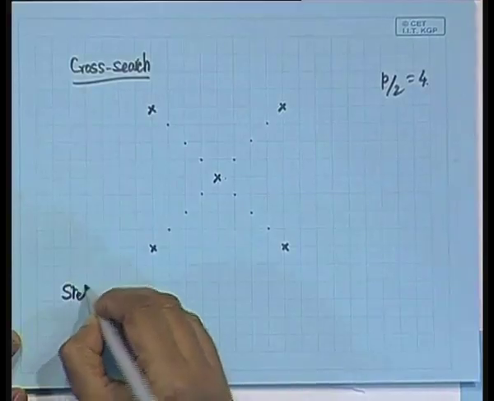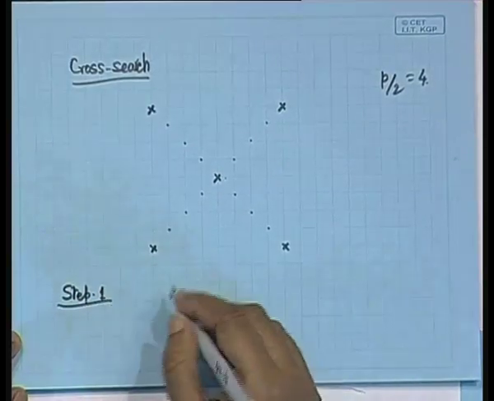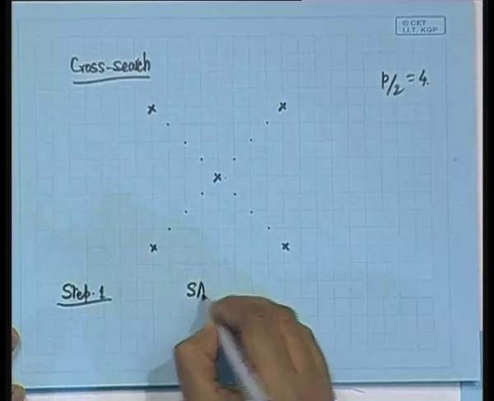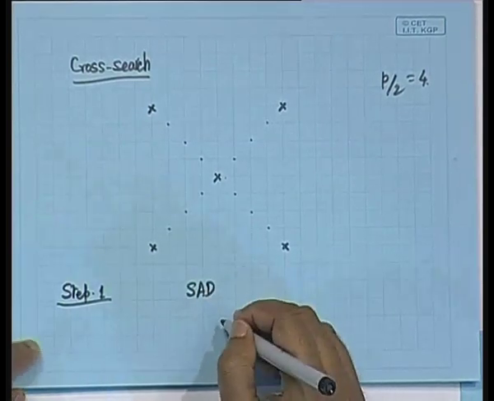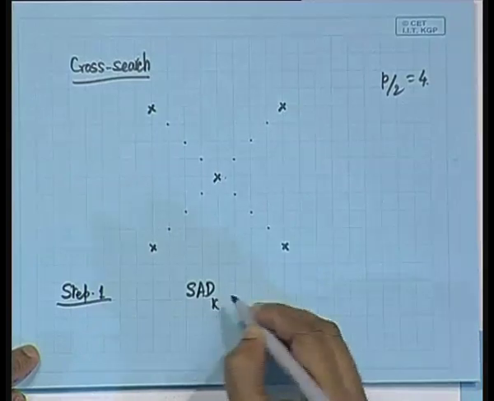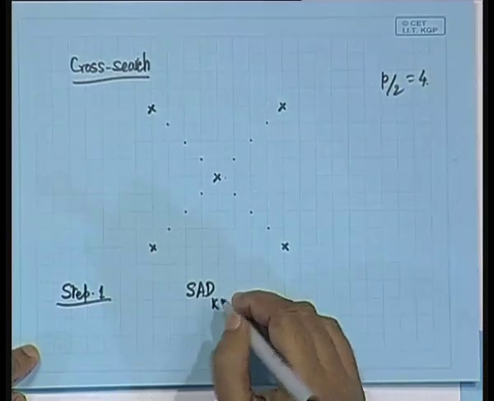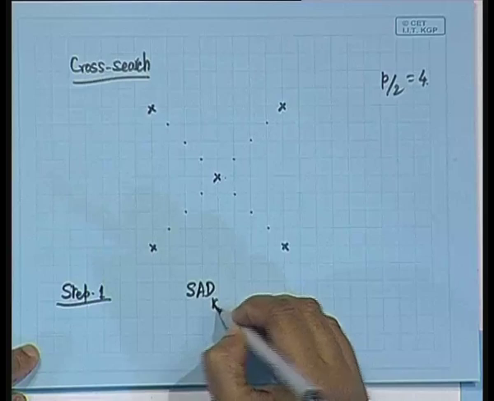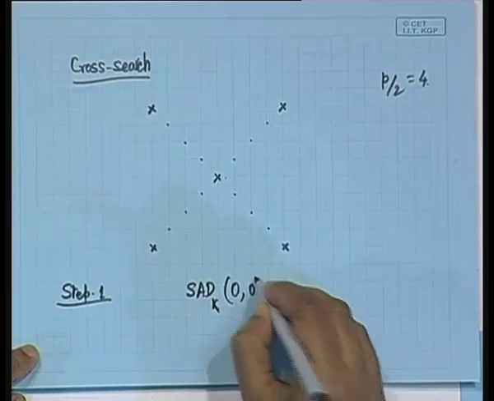So, what we do as step 1 of the algorithm is calculate the sum of absolute difference measure for the frame k at the position 0 0.